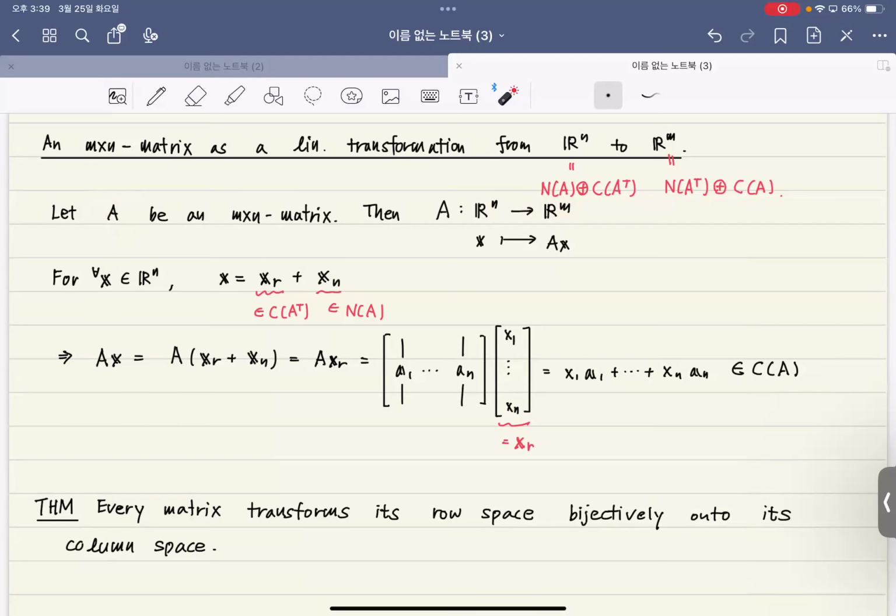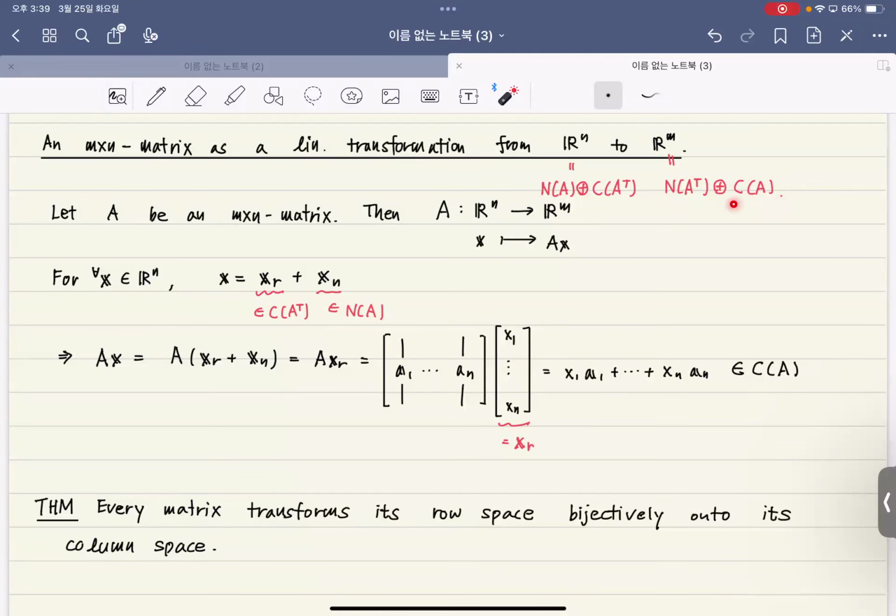But if you restrict the domain, so if you consider this not as a function from Rn but as a function from the row space of A, then in that case it maps the row space bijectively onto the column space.